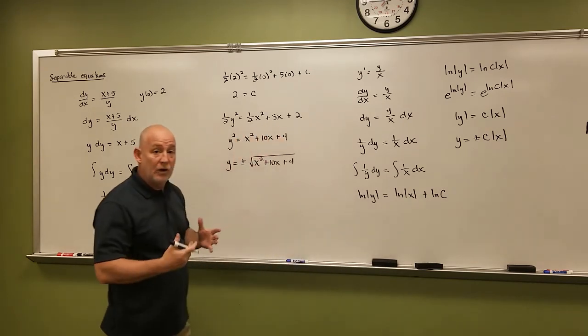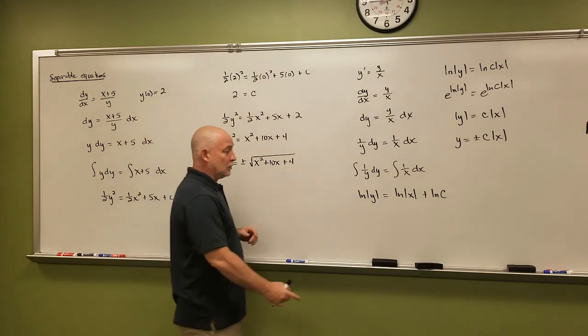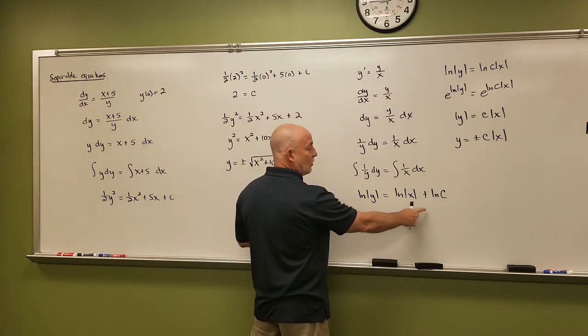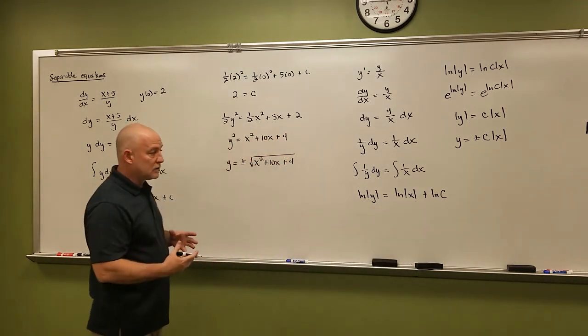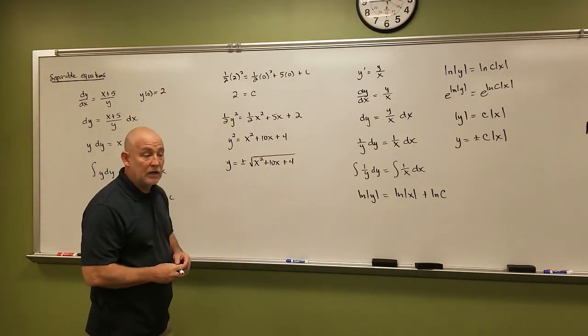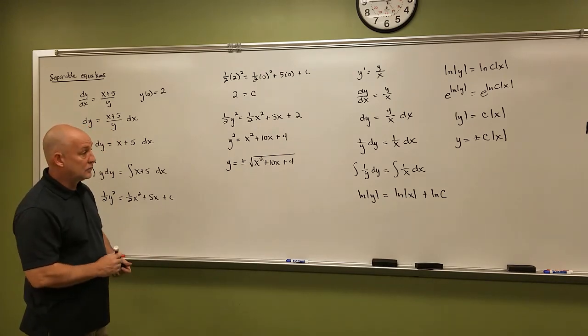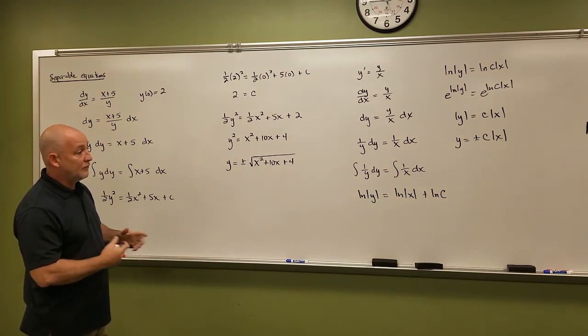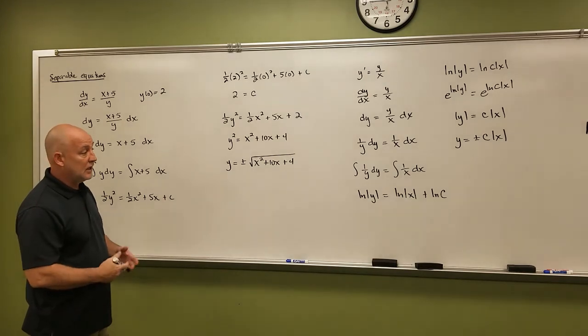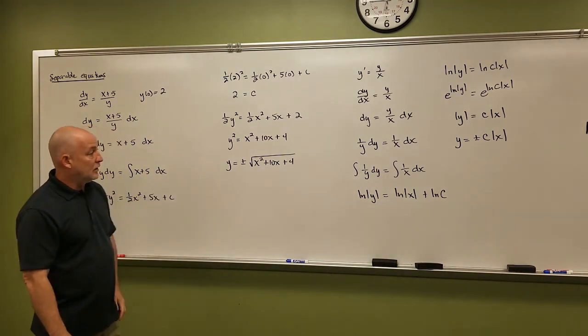Sometimes it's helpful to represent that arbitrary constant other than just a letter. And you can do any trick like this as long as it stays arbitrary. If you notice that there's a big difference between your answer and the back of the book, look to see if they played with that constant. That may be how they got to their answer compared to yours. So get all your x stuff on one side, all your y stuff on the other side, integrate, and if it's easy enough, solve for your dependent variable.